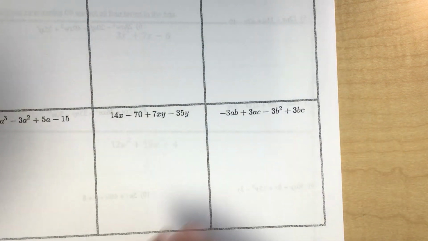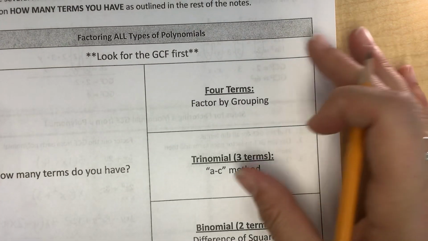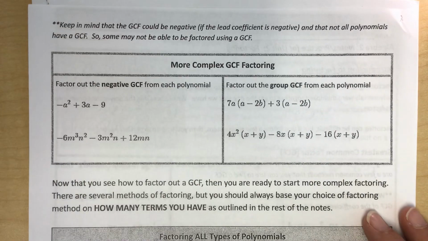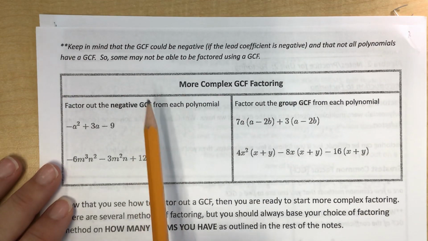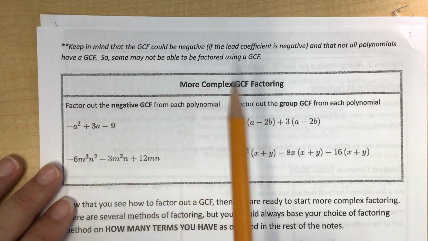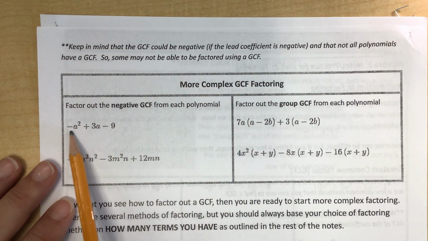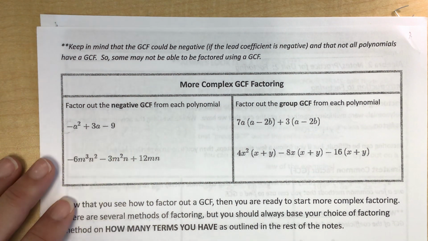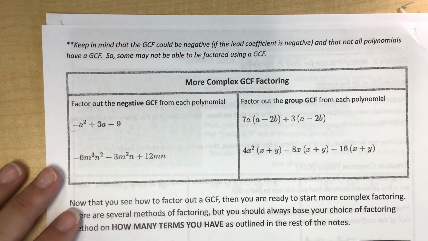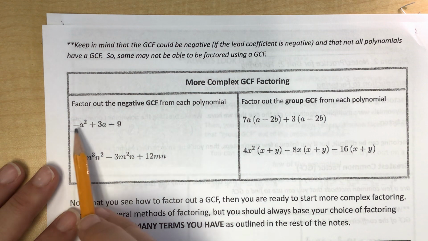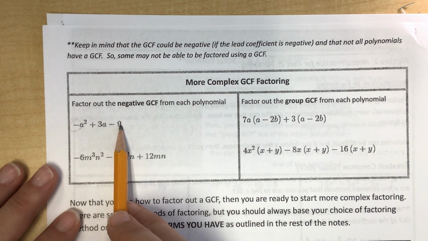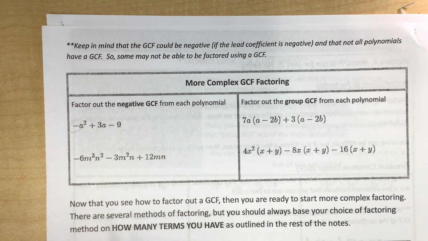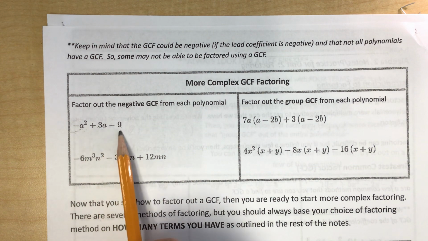All right, so if we look back here, it says keep in mind that the GCF could be negative. If the leading coefficient, the first term, is negative, we always pull the negative out of our GCF. Since this is negative, I have a squared, 3a, and 9. This is 1, 3, and 9. They don't have any GCF. These two have an a and this one does not.